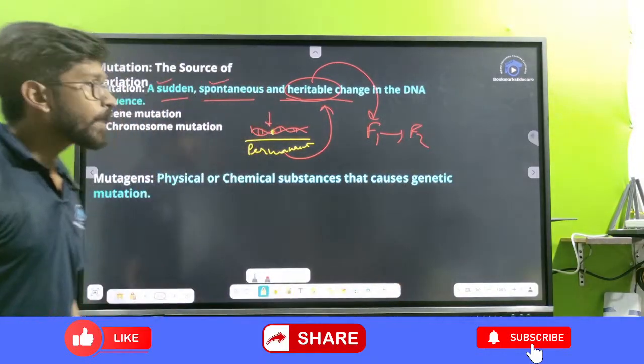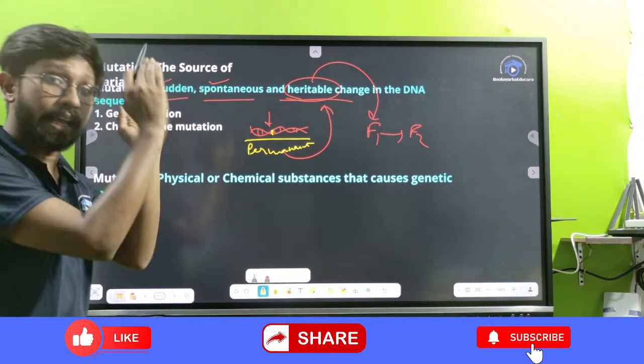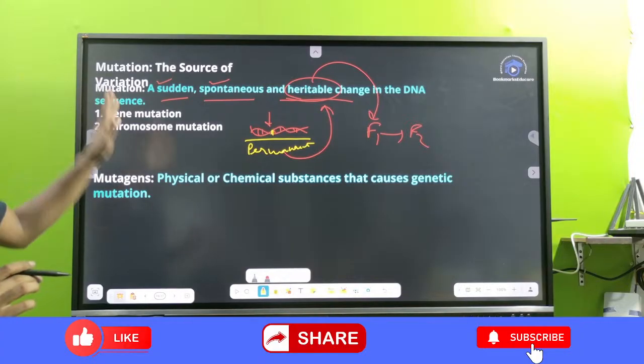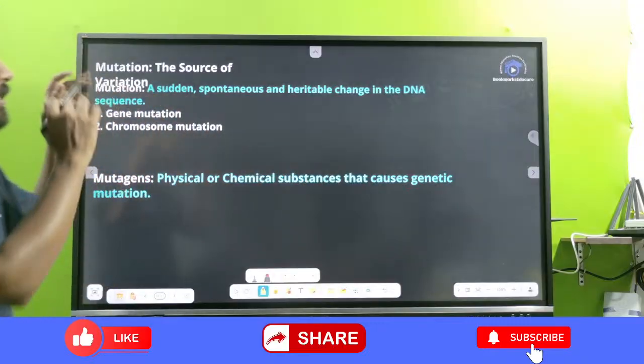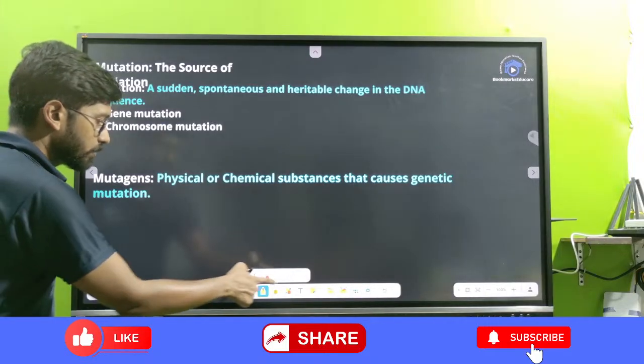Okay. So mutation is a sudden, spontaneous, and heritable change in the DNA sequence. If you remember this much, it should be written as it is in your exam if the definition of mutation comes, and it is the right one.